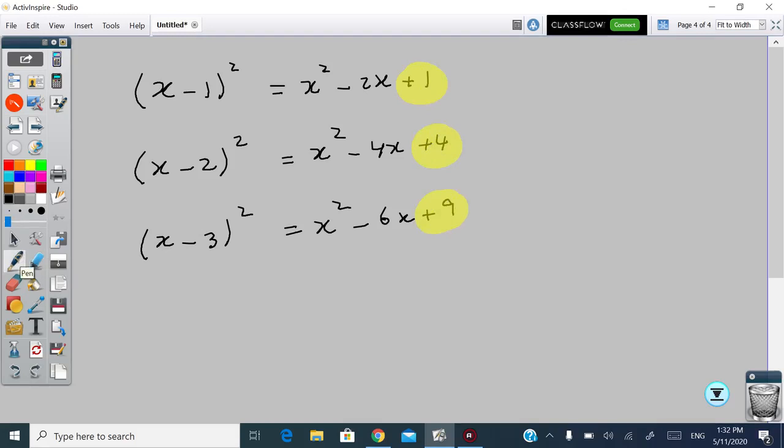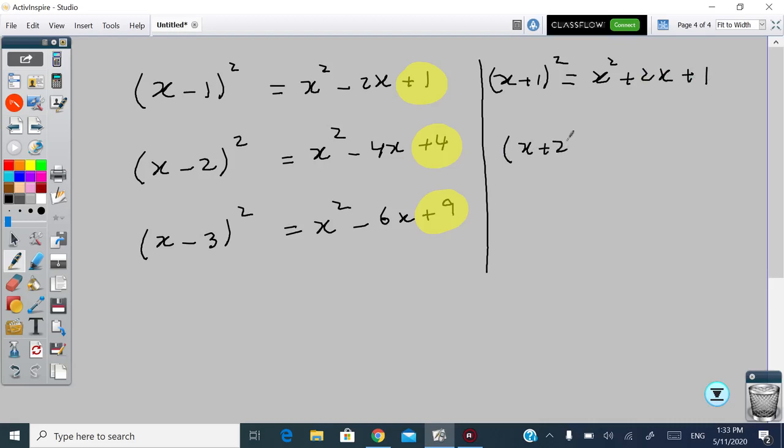Compare those to the cases when we were working with x plus 1 whole squared. This was x squared plus 2x plus 1. And x plus 2 whole squared was x squared plus 4x plus 4. And x plus 3 whole squared was equal to x squared plus 6x plus 9.